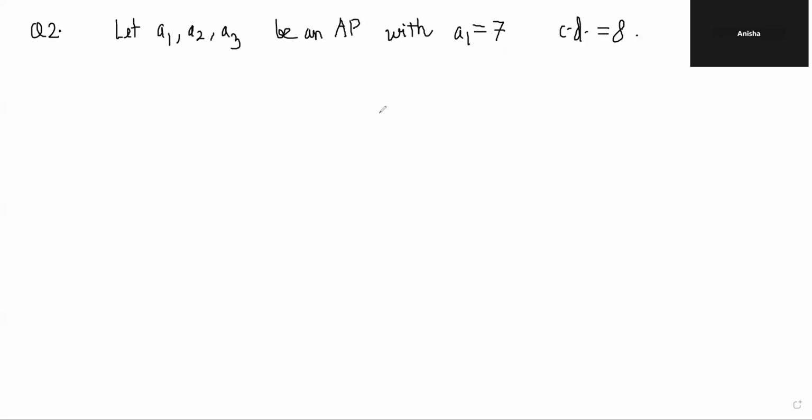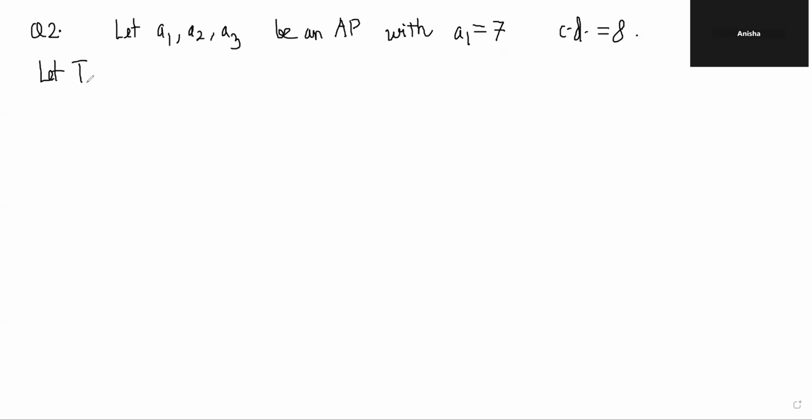Okay. Next one is: let A1, A2, A3 be an AP with A1 equals 7 and common difference equals 8.